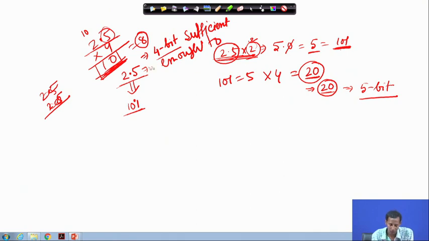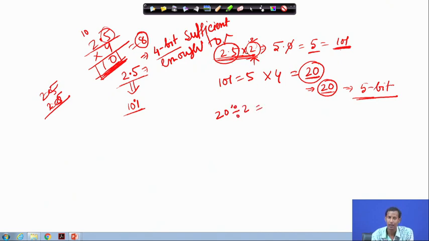But how will I get the original value of 10? Initially I scaled up this value by 1 bit, so now I have to scale down to get the proper result. Scaling down means I have to divide by 2.